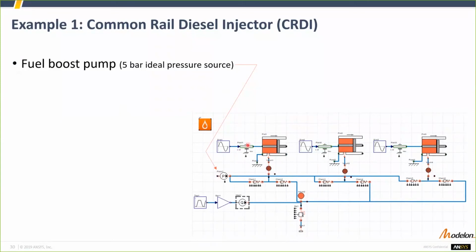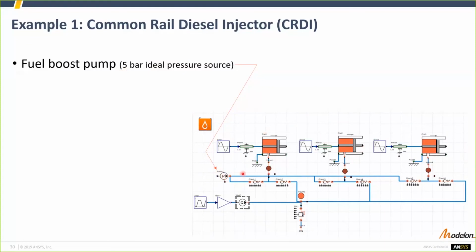So on this common rail, you have here the pump, which is modeled by a three cylinder here. Then you have the fuel boost pump, which is here to provide a minimum pressure of 3 or 5 bars. Here we model it as an ideal pressure source of 5 bars.